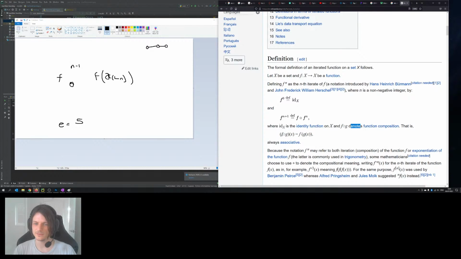That is, the function composition (f ∘ g)(x) is equal to f(g(x)).